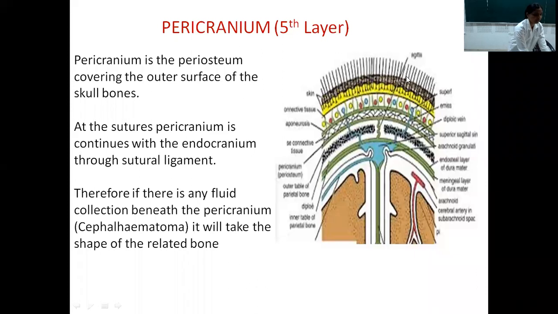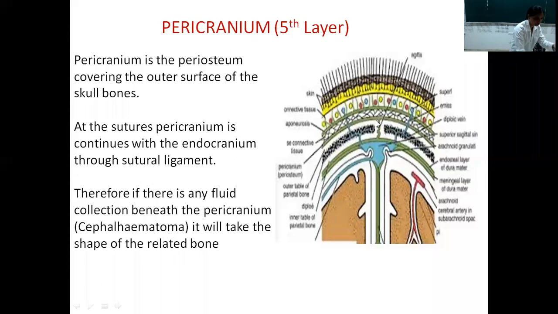So this pericranium, or periosteum, loosely covers the entire aspect, but it is very adherent at the level of the sutures. Therefore, if any fluid collection forms beneath this pericranium, it will take the shape of the related bone, because it is not crossing the sutures.